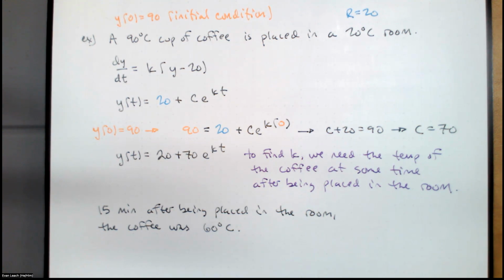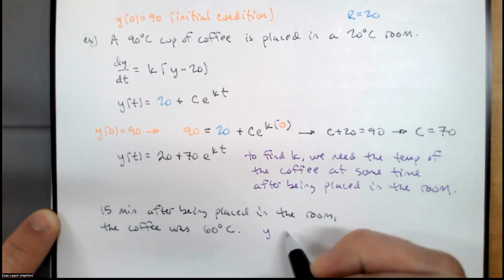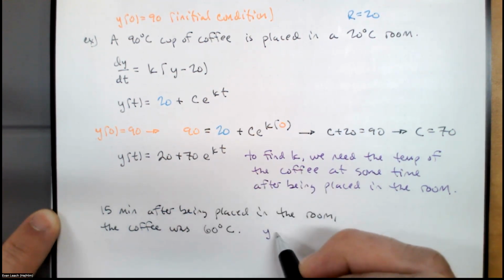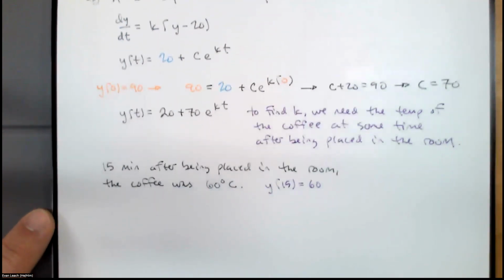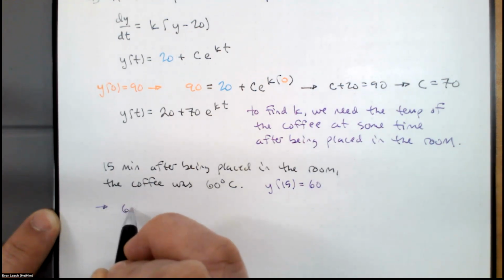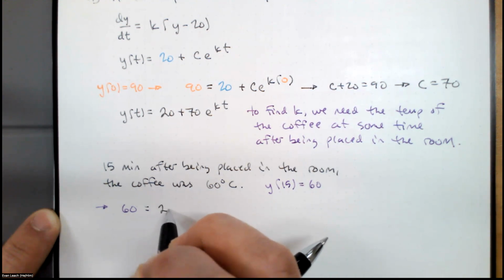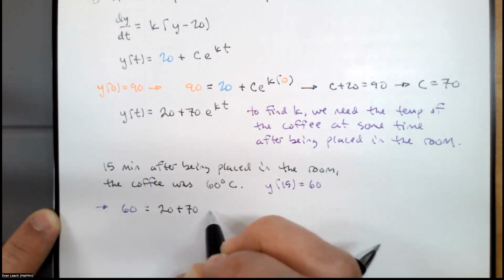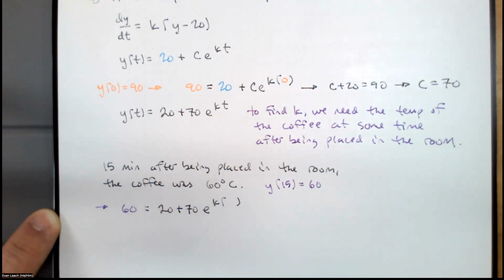15 minutes after being placed in the room, the coffee was 60 degrees Celsius. So this is a piece of information that's going to tell us the K. y of 15 is 60. And so that means that 60 is equal to 20 plus 70 e to the k times 15.